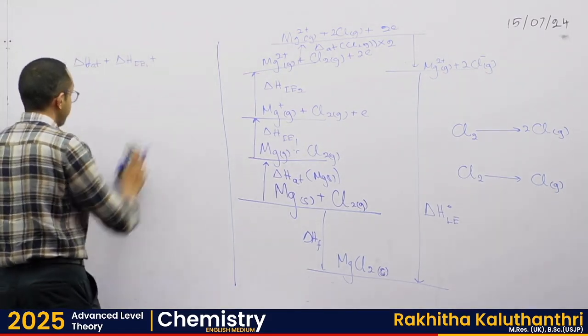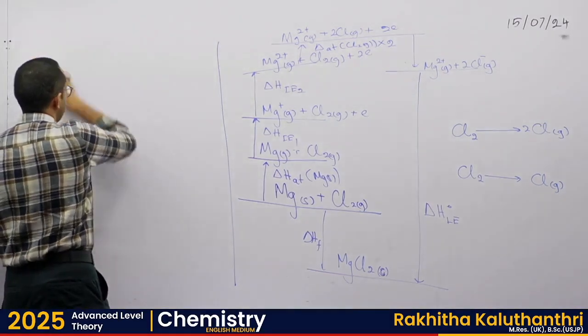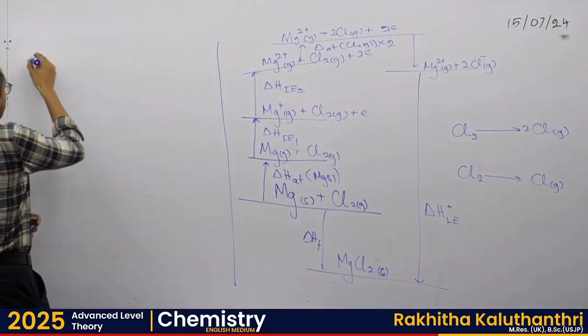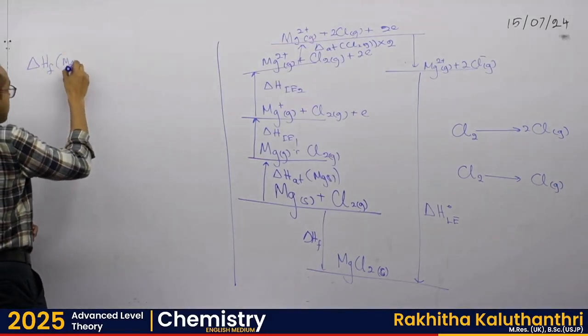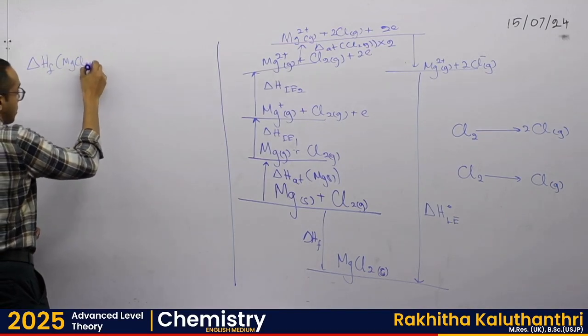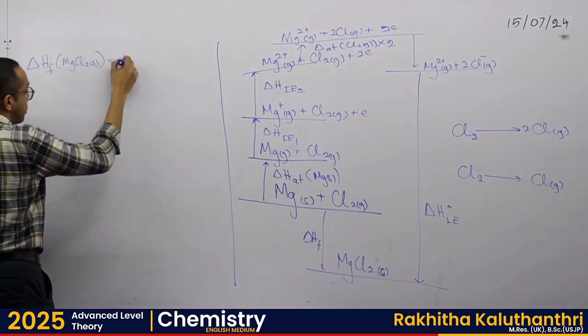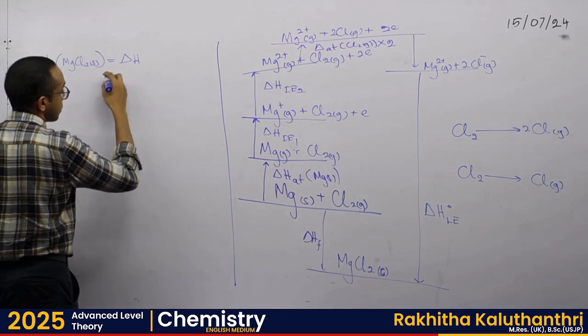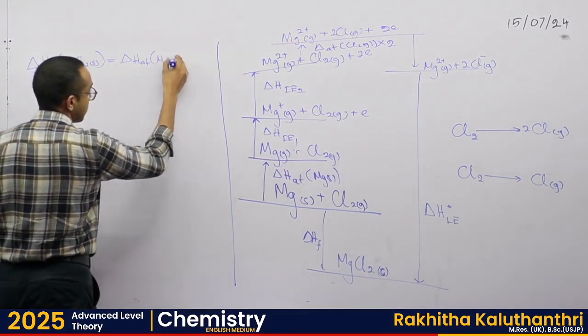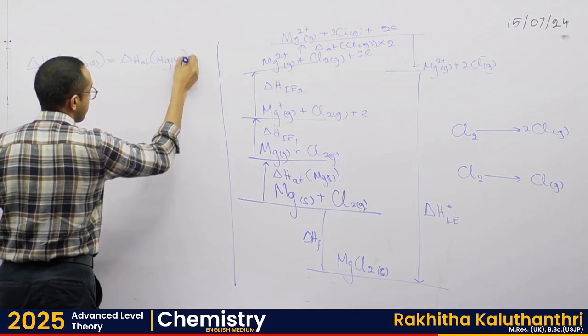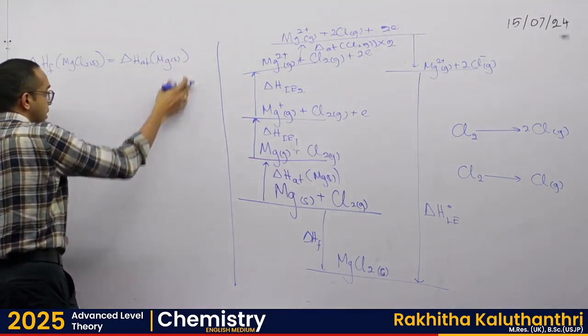Since I'm not writing it correctly here, it's not a good example, so we'll write the correct values. Delta HF magnesium chloride solid is equal to delta HAT magnesium solid, and then everything is adding up here.